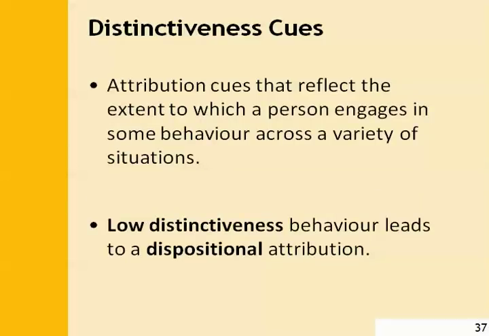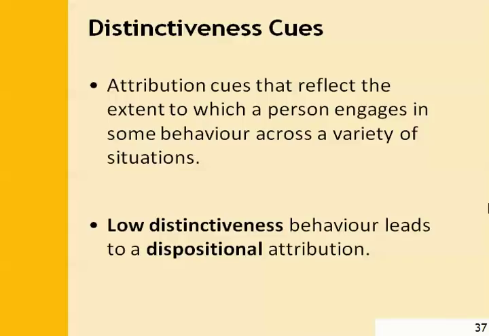Distinctiveness cues: attribution cues that reflect the extent to which a person engages in some behavior across a variety of situations. Meaning, is this person late to work, and also late to his gatherings with his friends, and also late to his meetings?